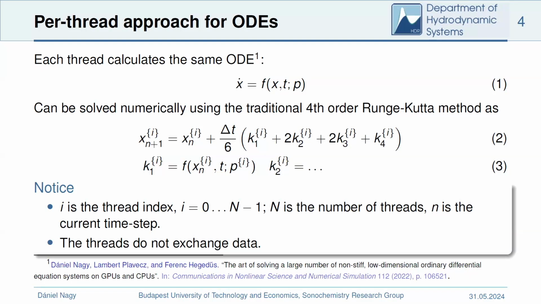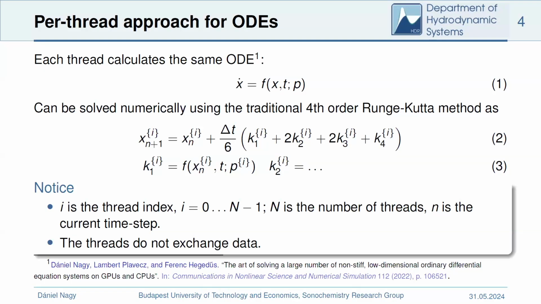Well, let's say we are using a traditional fourth order Runge-Kutta method. This is quite efficient for simple problems. So we calculate the next time step like this. Here, n is the actual time step, and this i is the thread index. So what's happening with the per-thread approach is that each thread uses different parameters.